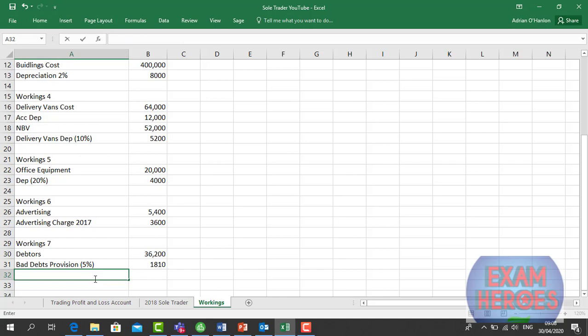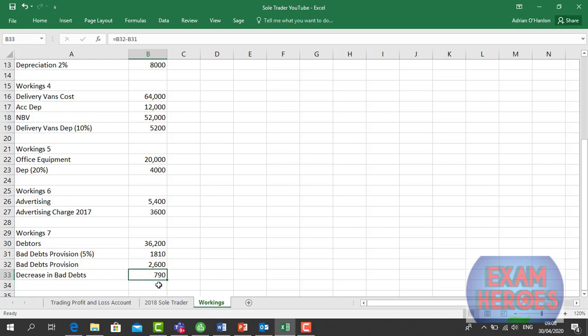So that means that if I get my bad debts provision, and it's 2,600, that means we've overpaid, or decrease. So we've overpaid by 790 euros, okay?